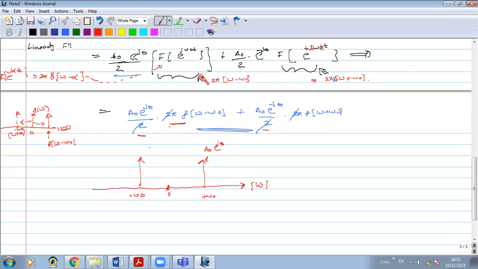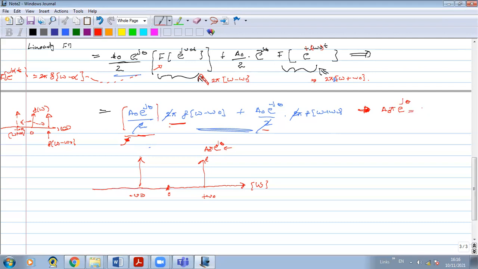You can see that this is a complex term. So when we are asked to find the magnitude, we have to find the magnitude of that complex coefficient. Hope you got it: A naught by 2, e to the j theta. So this is a complex one.